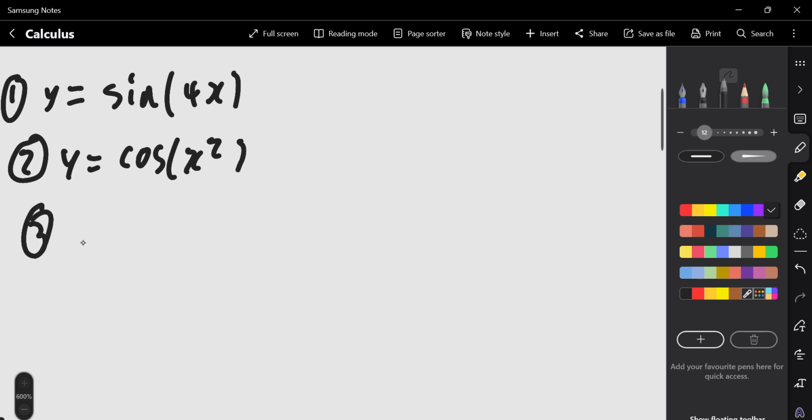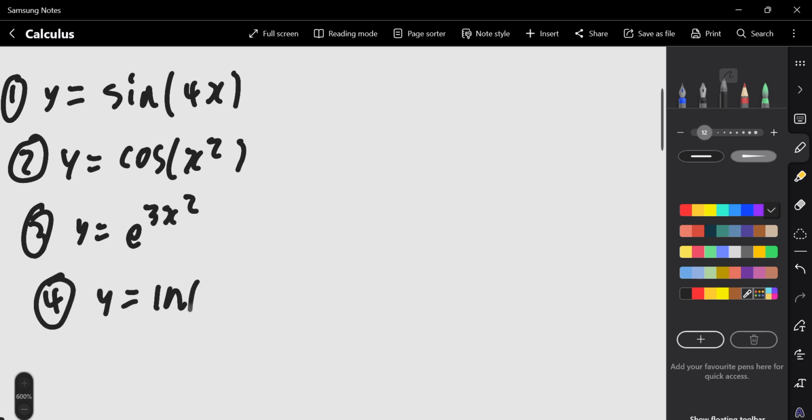Let's go for y equals e to the 3x squared. And let's go for y equals ln of 2x plus 7. Slightly trickier now. We're getting into the slightly harder bits. Give it a go and let's see if you can do it.